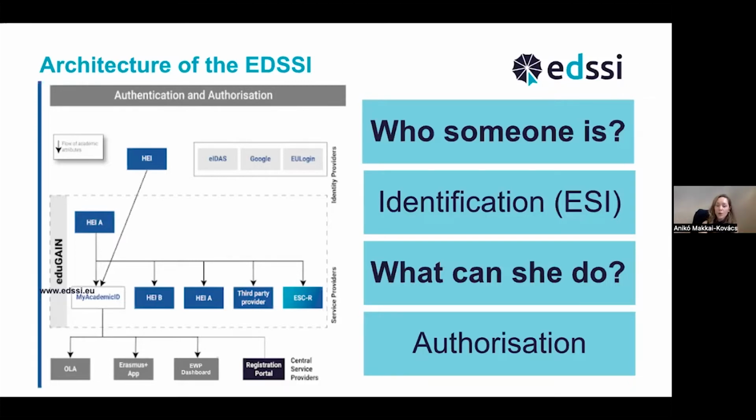To be able to identify students, we launched the ESI, the European Student Identifier, that some of you already had questions about in the registration form. So this ESI basically makes sure that the student who is using the online learning agreement or the Erasmus app is that student from that university.